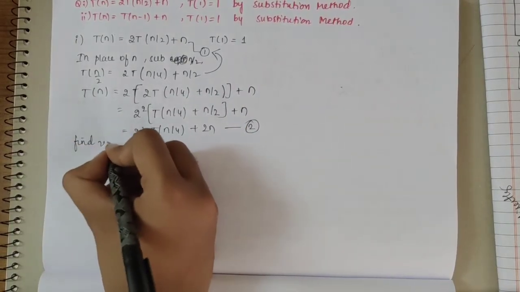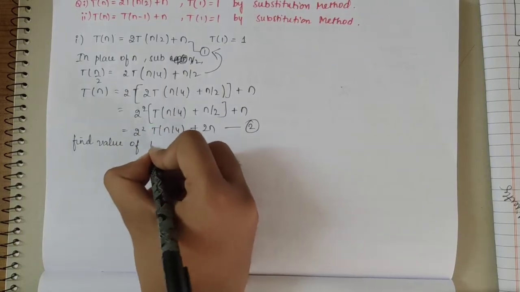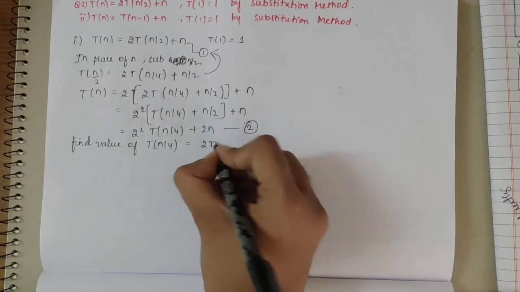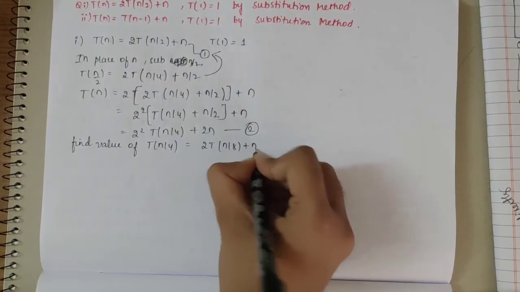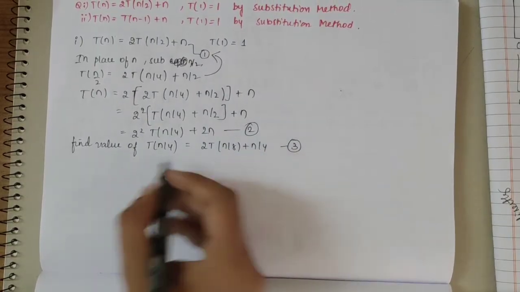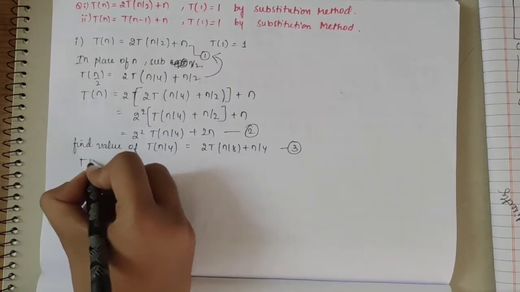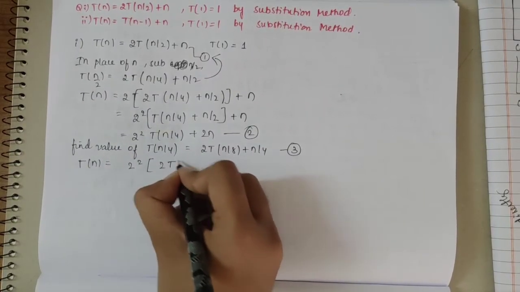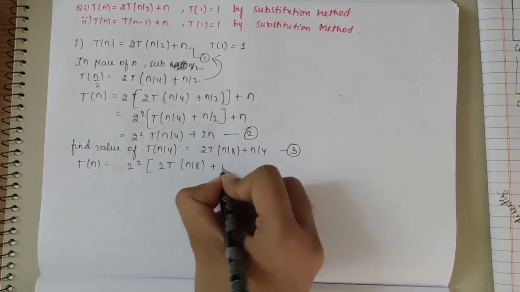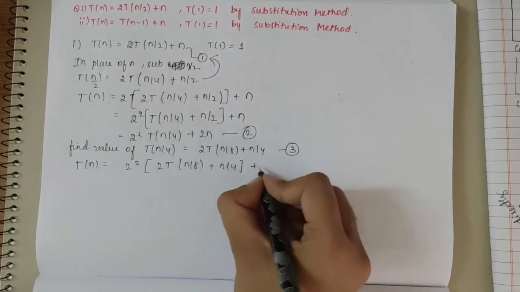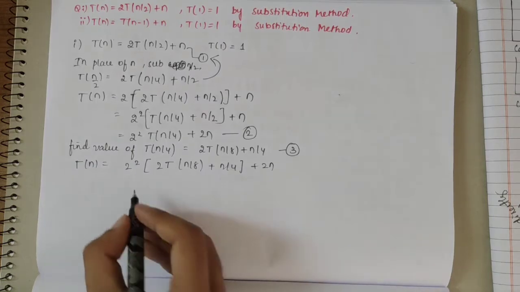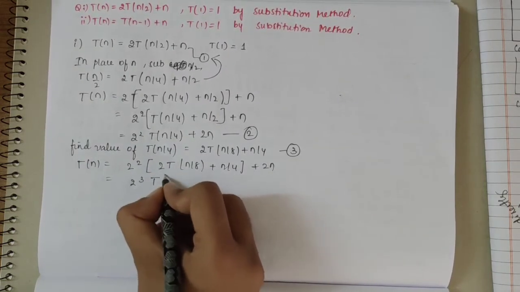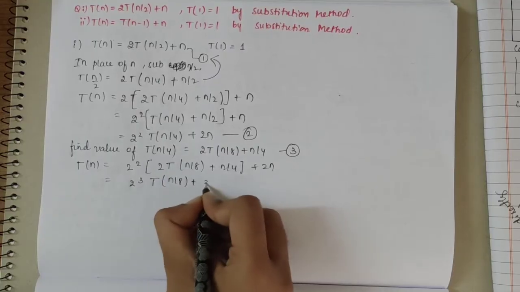Now I need to find the value of T(n/4). Finding it, I would get 2T(n/8) + n/4. That is the third equation; substitute it in the second equation. So I'll have T(n) as 2^2 (2T(n/8) + n/4) + 2n. Taking this 2 outside, it will be of the form 2^3 T(n/8) + 3n.